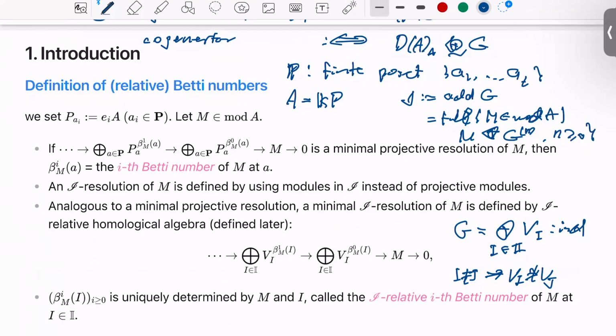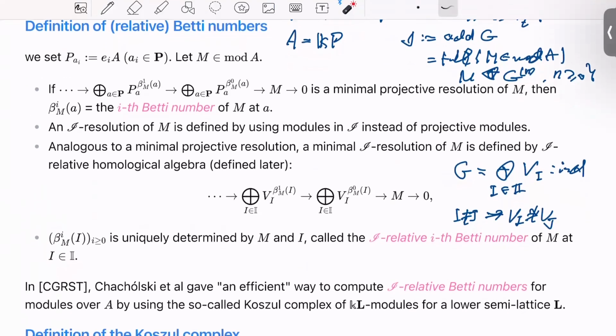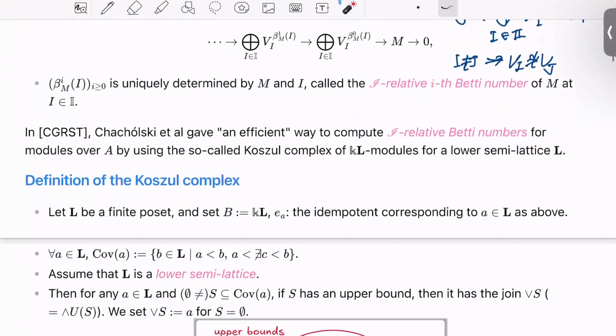All modules in I have the form of a finite direct sum of these. If this is a minimal I-resolution of M, then these numbers are determined by M uniquely, and this number is called the I-relative ith Betti number of M at i. This is just a review of the definition.